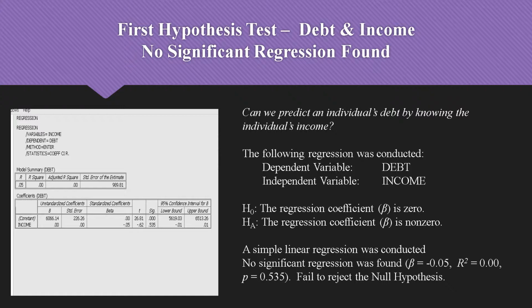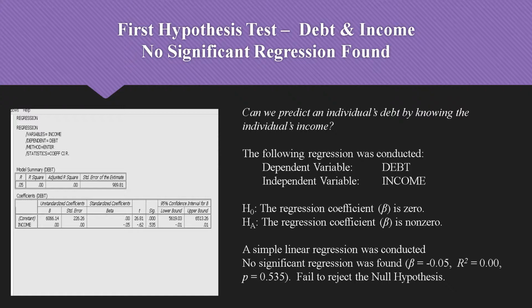So here a simple linear regression was conducted, as you can see on the left side. No significant regression was found. Our beta coefficient is 0.05. R squared, which is a coefficient of determination value, is 0.00.